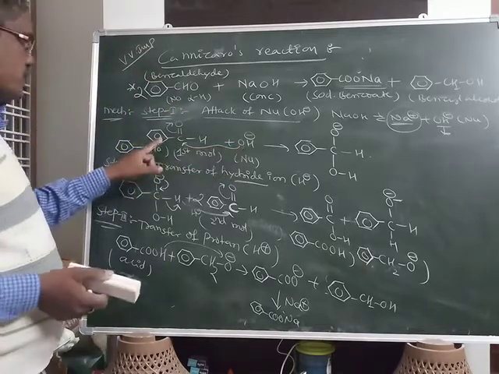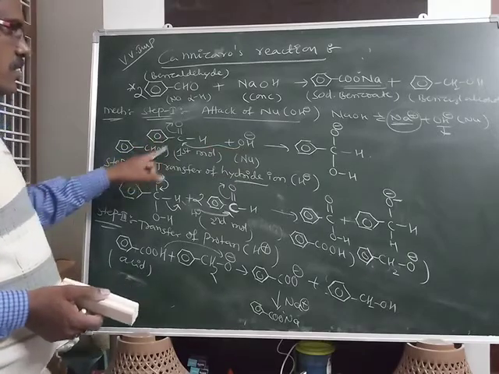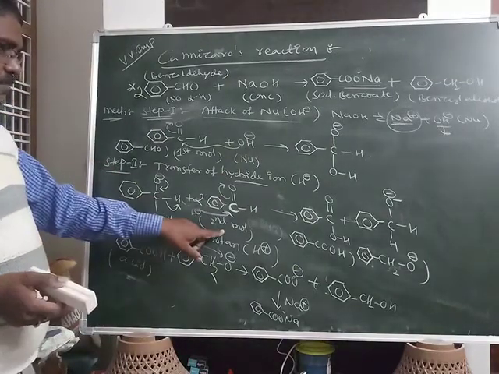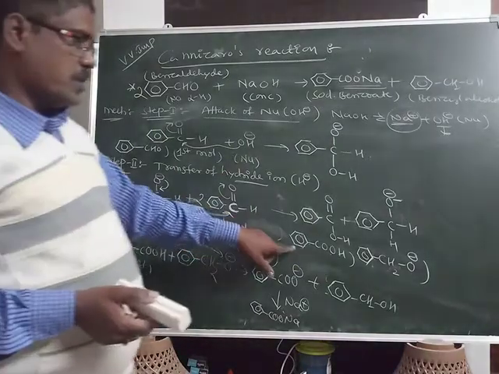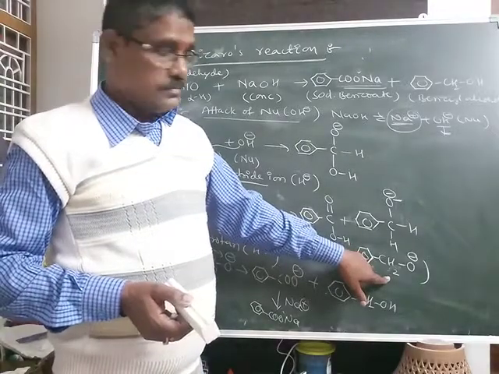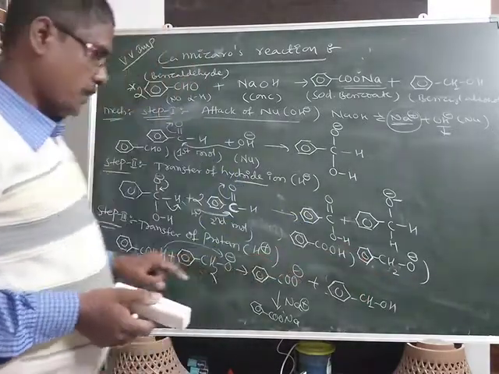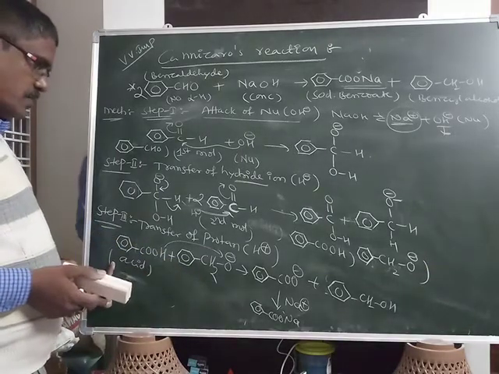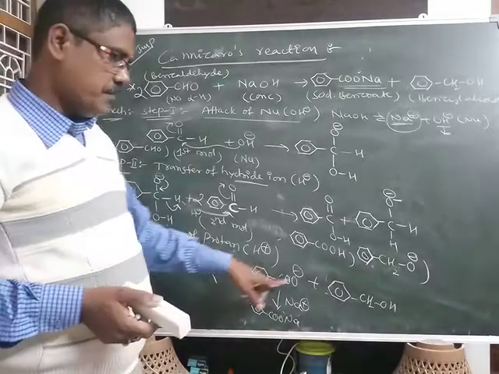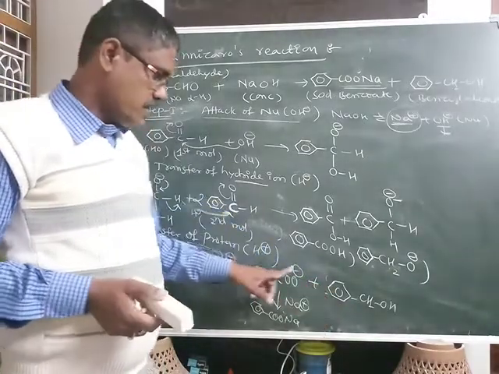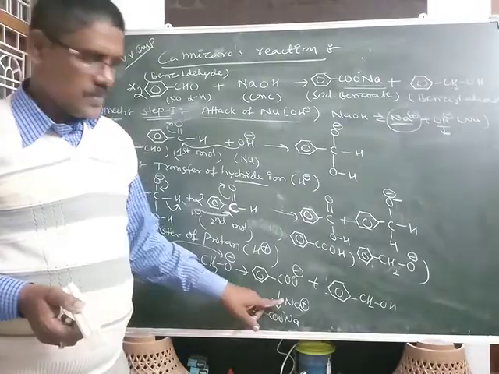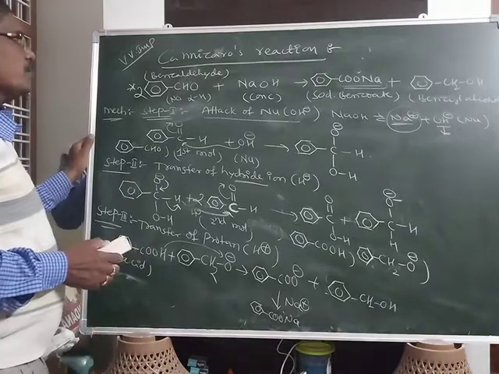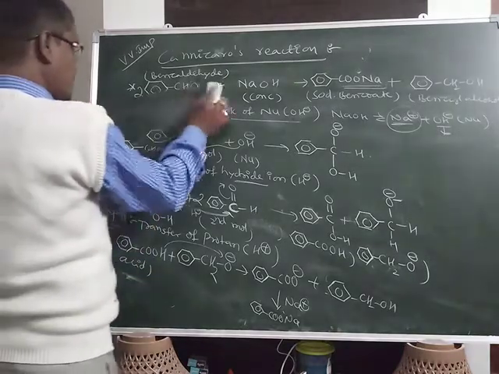The nucleophile is OH minus, which attacks the benzaldehyde forming an intermediate product, and this intermediate product reacts with a second molecule of benzaldehyde forming benzoic acid and alkoxy group. And this alkoxy group is the strong base and takes a proton from the benzoic acid, converting it to benzoate ion and benzyl alcohol. And this benzoate ion combines with Na plus ion forming sodium benzoate. This is the second example, and completion of this one.